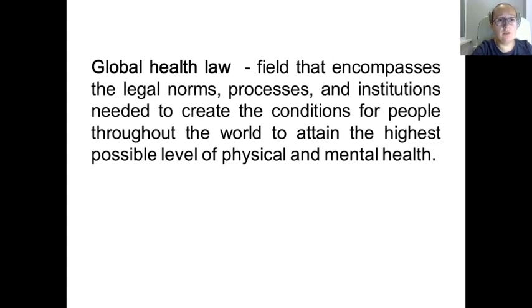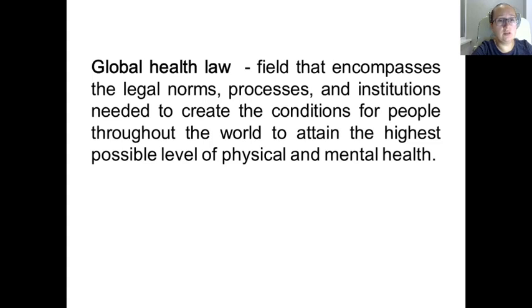So now let's give the definition of global health law. We should say that in 2008 Gostin and Taylor gave such a definition of global health law: a field that encompasses the legal norms, processes, and institutions needed to create the conditions for people throughout the world to attain the highest possible level of physical and mental health.